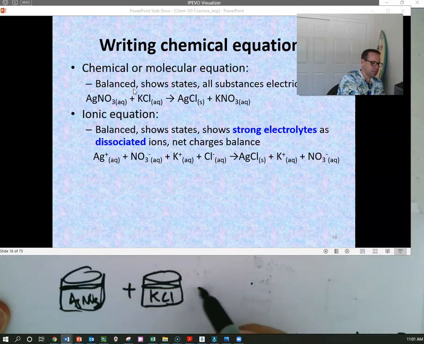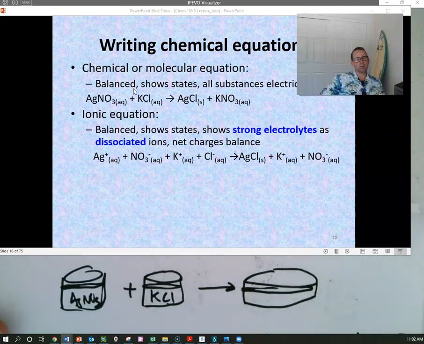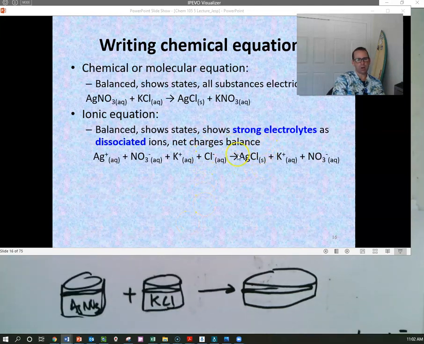And then I mix these two together, put them in the same vessel, and the result is, when the silver ions find the chloride ions, a silver chloride solid, which we call a precipitate.